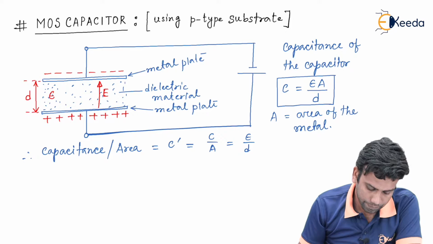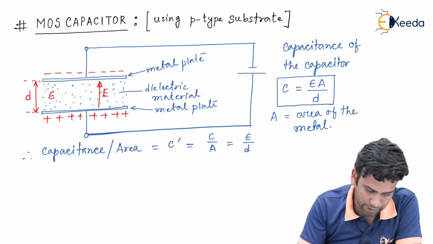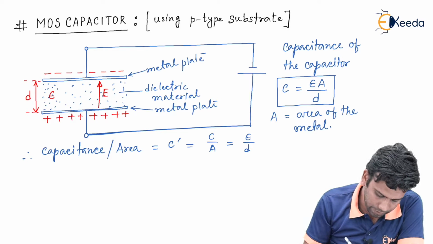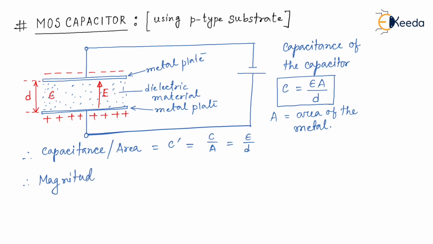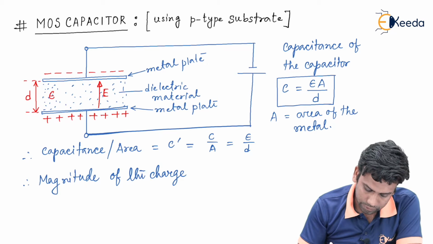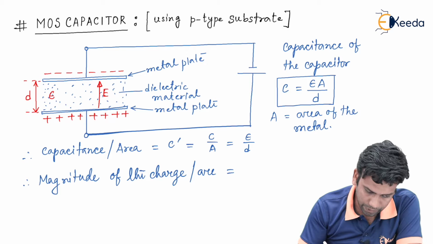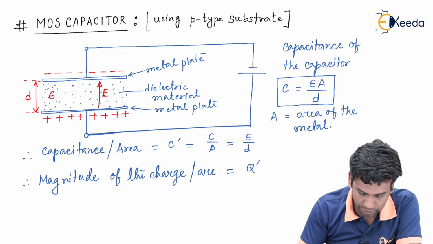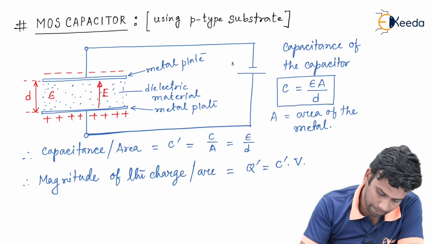Now we can see that this is the capacitance per unit area, and from this we can find the magnitude of the charge per unit area of the capacitor plate, which equals Q dash, that is C dash into V that has been applied.